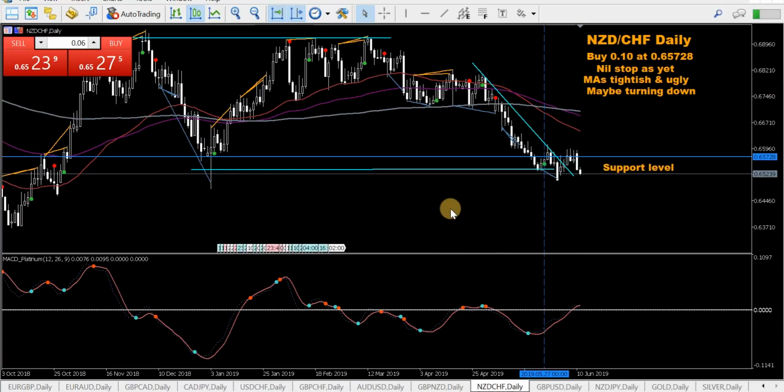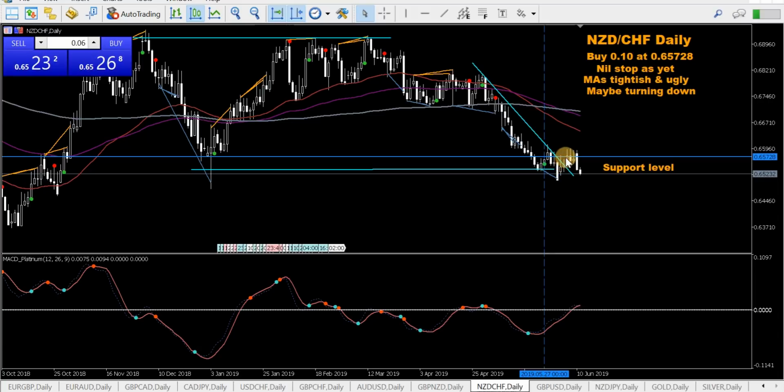Then you move to New Zealand Swiss and things don't look so good. Took a buy here, not a bad support level there. Yeah, it's a pretty slow moving pair, high risk trade, because, as I said, the MAs were tightish and a little bit ugly there when I took the trade, and maybe turning down, and they are.